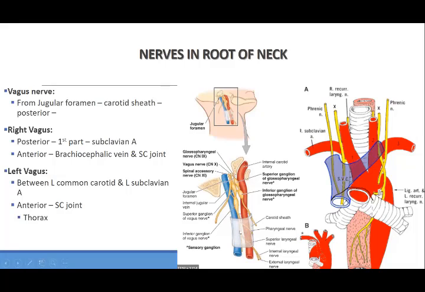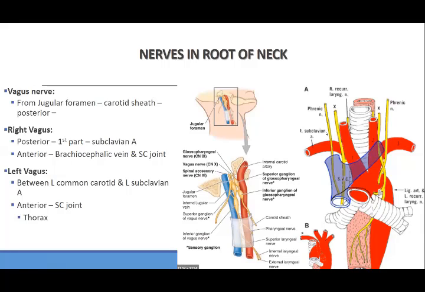And in the groove between the internal jugular vein laterally and common carotid medially, lying in a posterior plane, posteriorly is located the 10th cranial nerve, which is the vagus nerve. So please remember, the vagus nerve is lying posteriorly inside the carotid sheath. Okay?